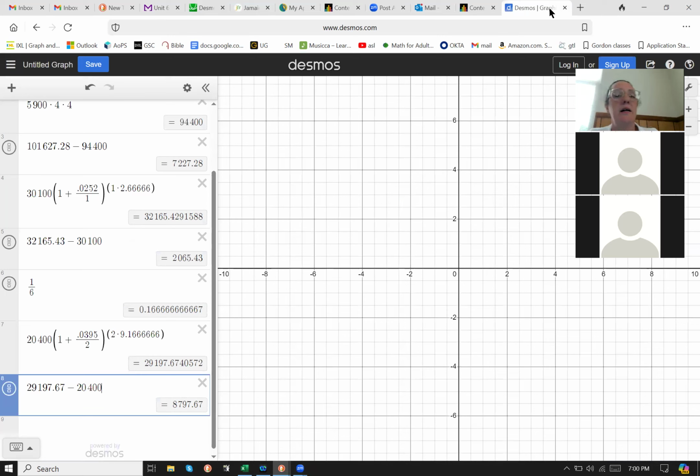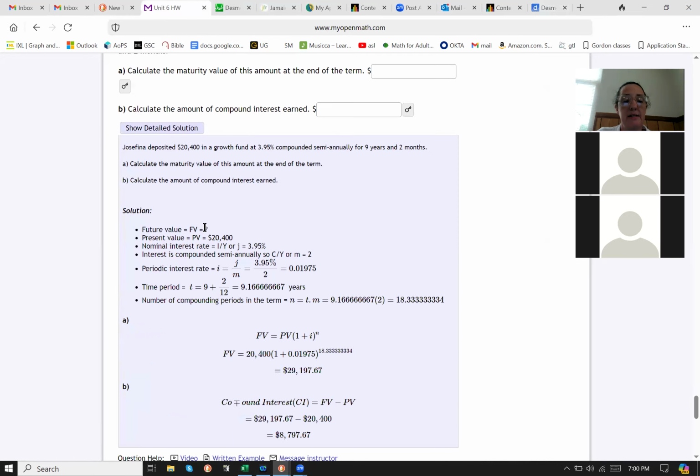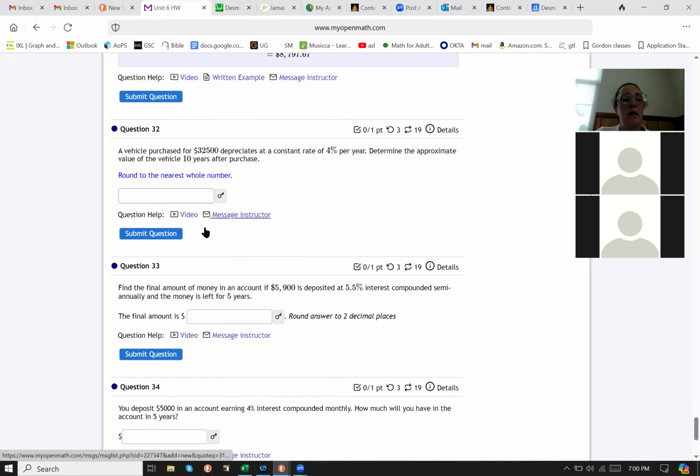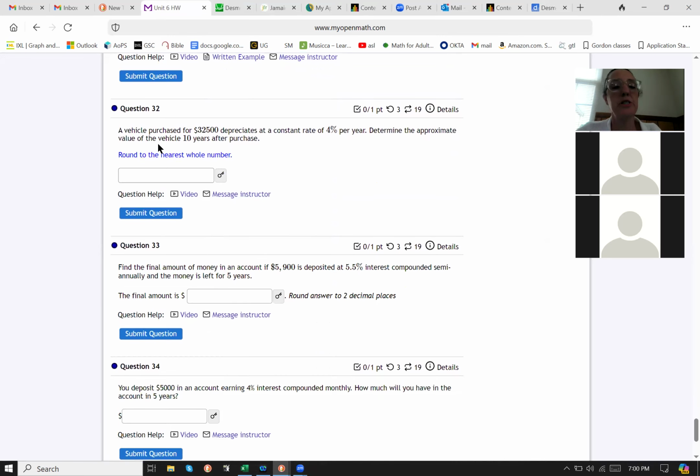Okay. All right, so now that takes us to number 32. A vehicle purchased for $32,500 depreciates at a constant rate of 4% per year. Determine the approximate value of the vehicle 10 years after the purchase.